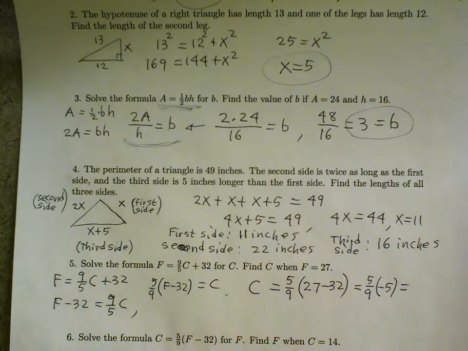And then 5/9 times -5 is -25/9. Okay, we'll leave the value of C as an improper fraction, -25/9.